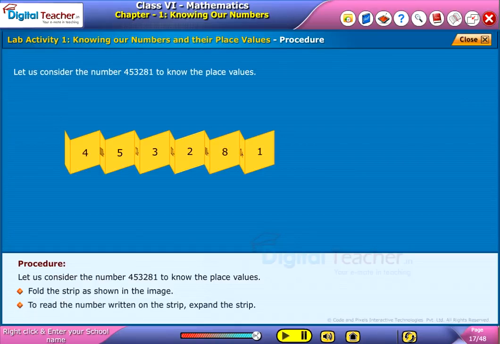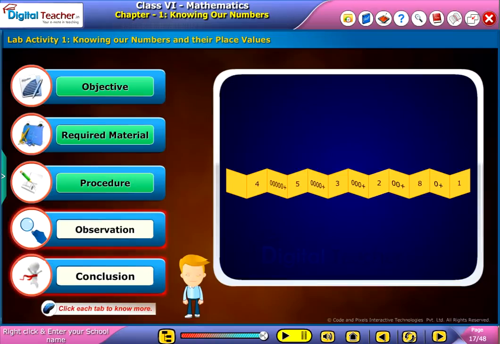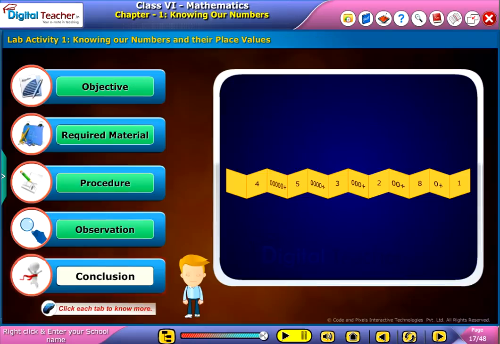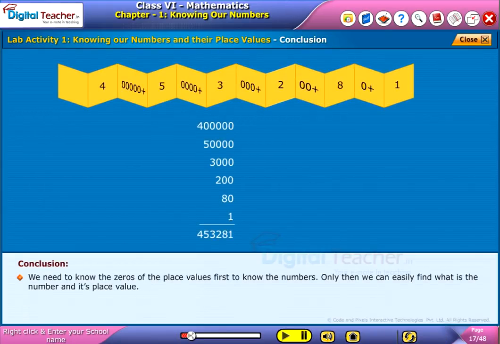To read the number written on the strip, expand. We have observed that the given number is 4,53,281. We need to know the zeros of the place values first to know the numbers. Only then we can easily find what is the number and its place value.